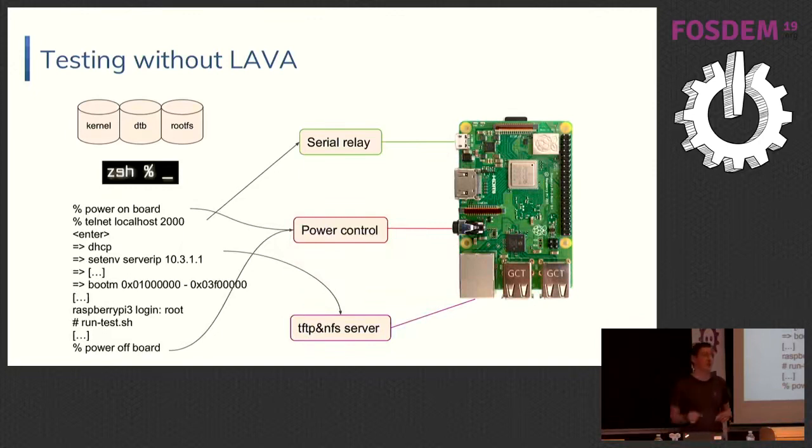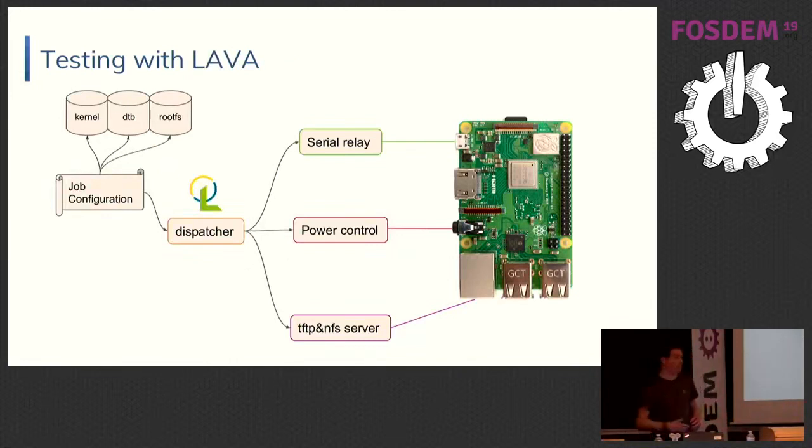You type enter, and then you type commands like DHCP, set server IP. You load the kernel and DTB from TFTP into the RAM, and then you set the boot args and you boot. You will look roughly at the kernel output to see if everything is going correctly. You go to the prompt, you log in, and then you run the test, and you power off the board. Those are all the things that you have to do manually if you want to run tests on physical hardware.